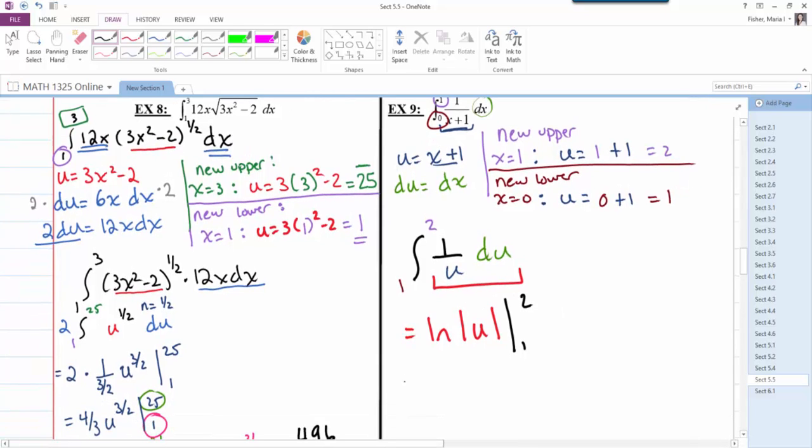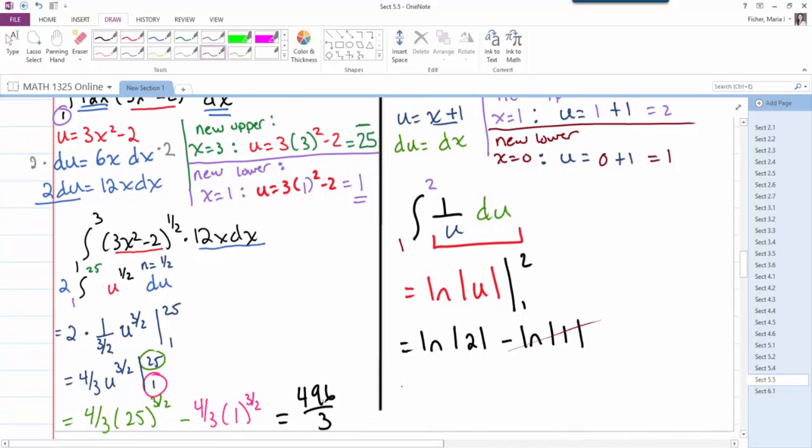So plugging in my limits of integration, I'm looking at the natural log of the absolute value of 2 minus the natural log of the absolute value of 1. Well, I know that the natural log of the absolute value of 1 is equal to 0, so that just cancels. So this is equal to the natural log of 2, or as a decimal, it's going to be 0.693.